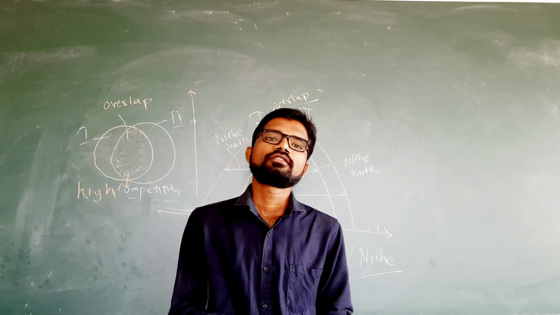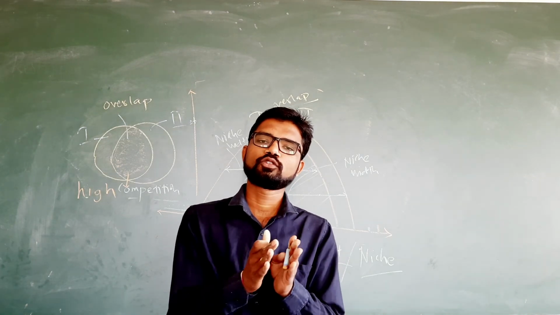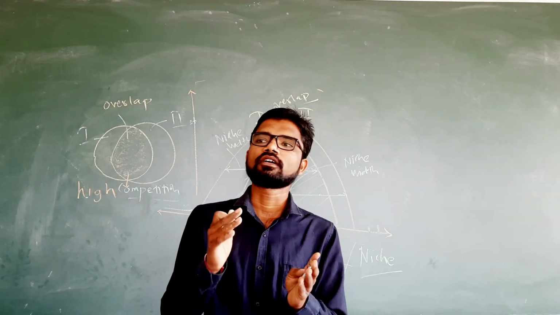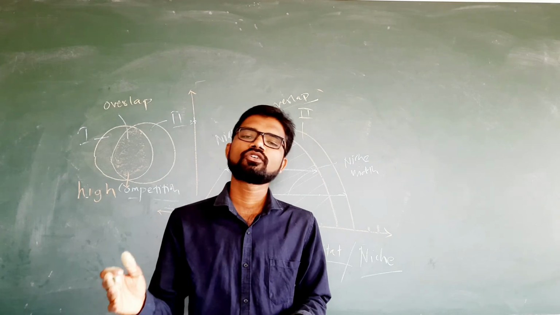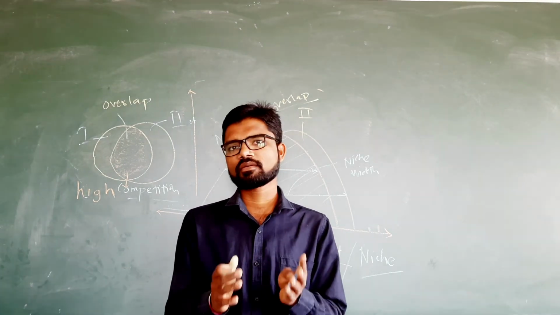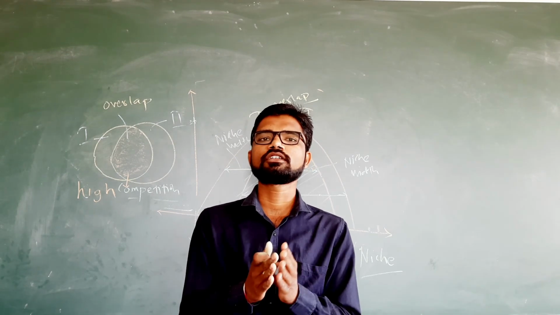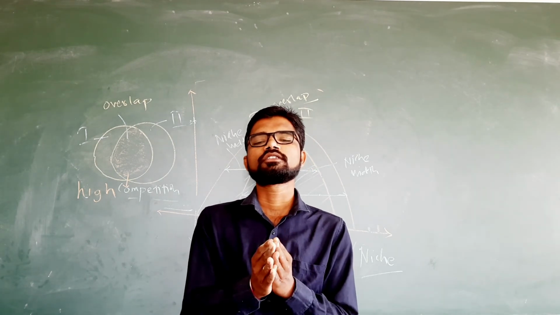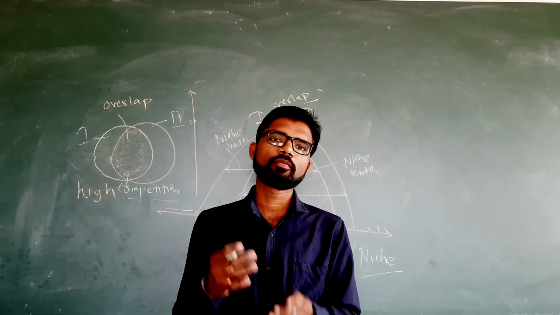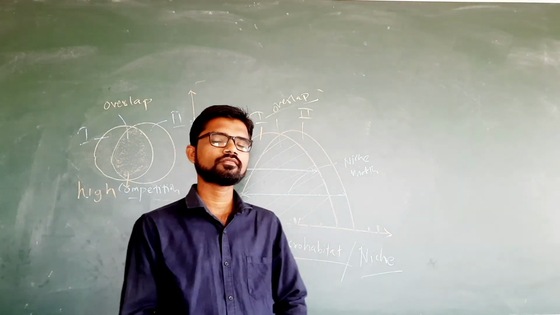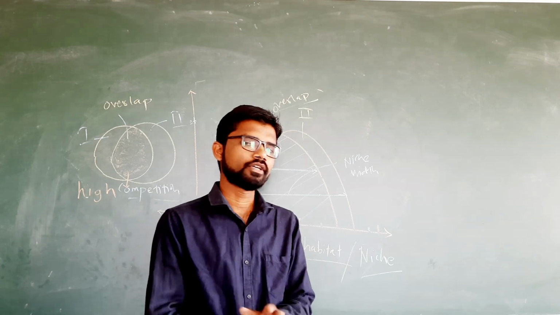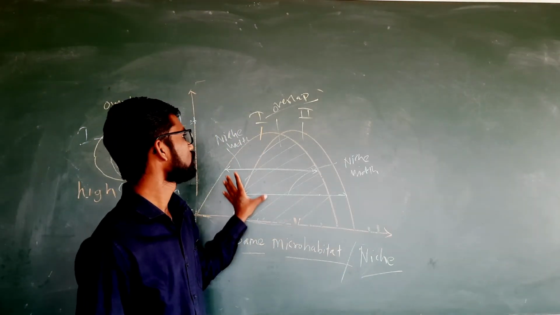So where the mode of food, or the mode of nutrition, or the type of food is different, they are not dependent upon each other. So in the same habitat they are living together, but they are not competitors.